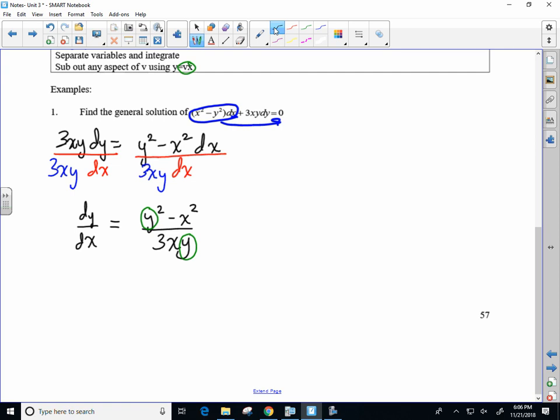V is some new function, but it's an unknown function that allows x and y to be in proportion with one another. So dy dx would be equal to vx squared minus x squared over 3x times the vx.